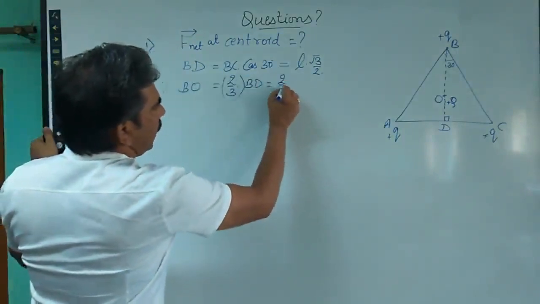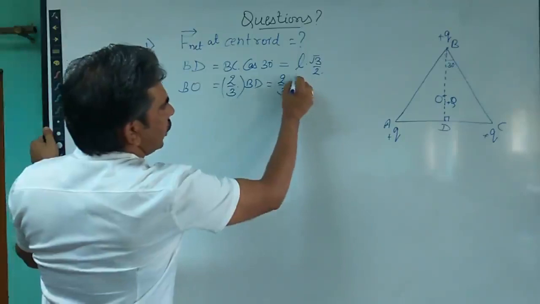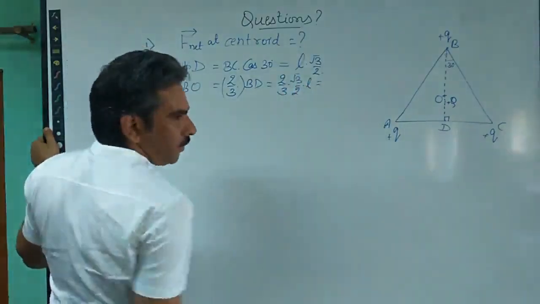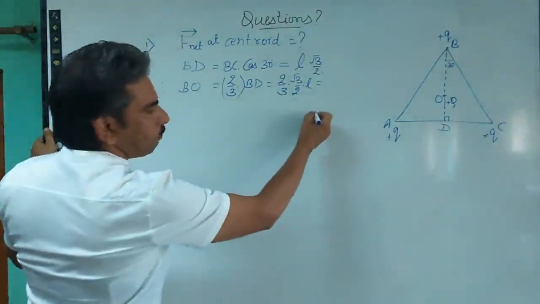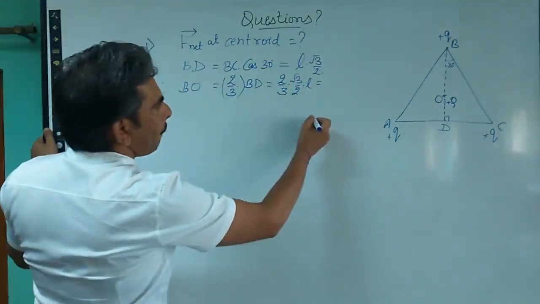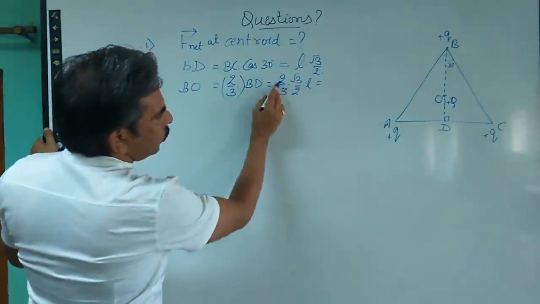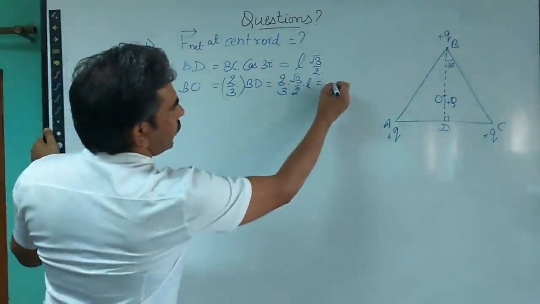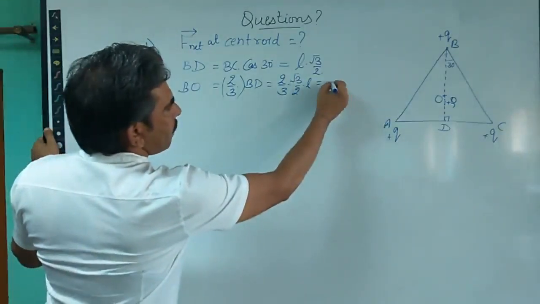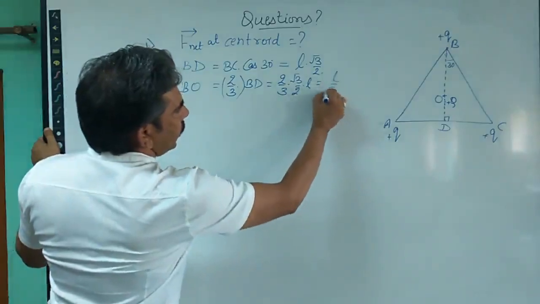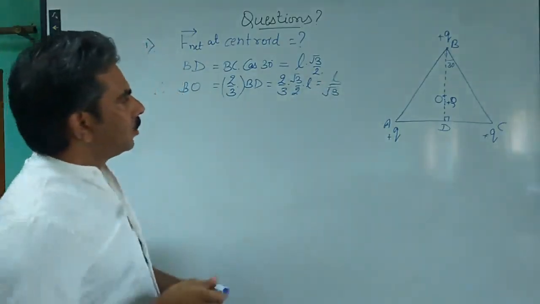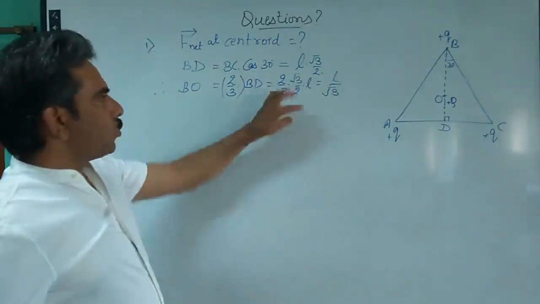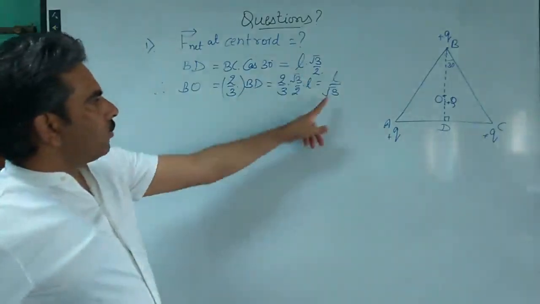So which is equal to 2 by 3 into under root 3 by 2 into L. If we calculate it, 2 cancels out here and we can rationalize this under root 3. So we are left with only L by under root 3. We are just doing some mathematics here. So this is the last term we are left with.